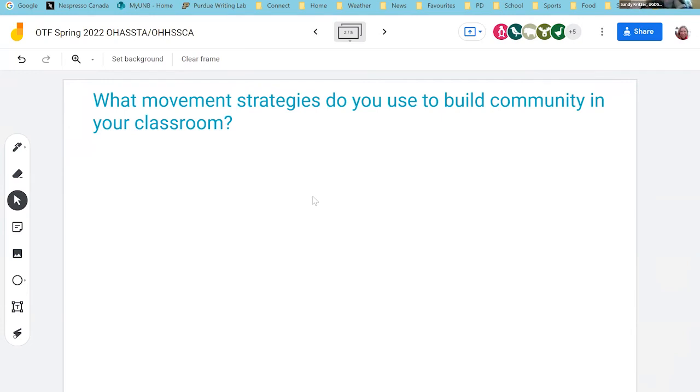Some people have been posting in the chat, so feel free to copy that chat comment and post it in here. You'll have this for later, so you'll be able to go back to this Jamboard as a refresher for yourself. You'll have the participant slide deck as well as the knowledge of those in the room, to take back to your classrooms tomorrow.